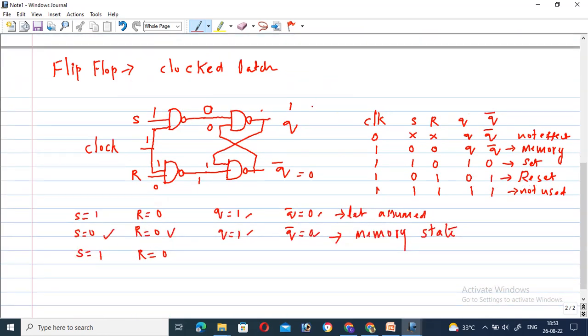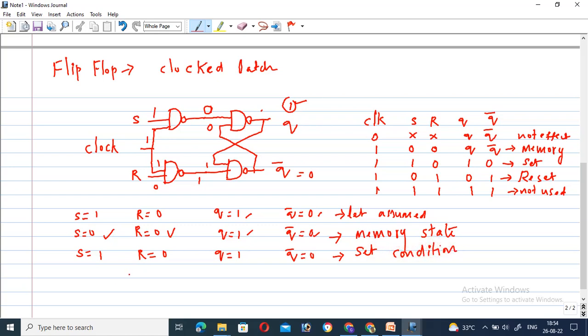Therefore Q value is equal to 1. So Q value is equal to 1. This is right. Now this Q, which is 1, is connected here, but the R value is equal to 0, so the 1 1 combination in the case of the NAND gate gives Q bar equal to 0. So for S is equal to 1 and R is equal to 0 consideration, Q is equal to 1 and Q bar value is equal to 0. So that means the output value is set to 1. So that's why it is called a set condition.